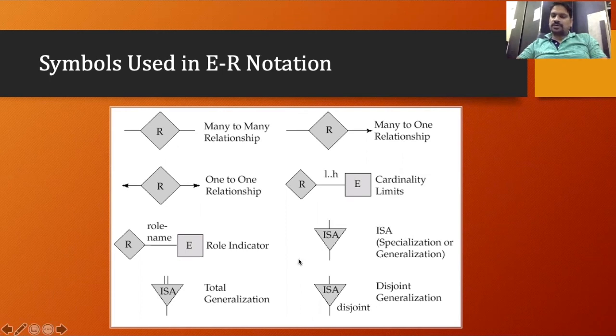So faculty also has the same property which a human being has, and the student will also have the same property. That type of relationship can be represented as a relationship. This is called specialization. If you do the same thing from bottom to up, that is called generalization.